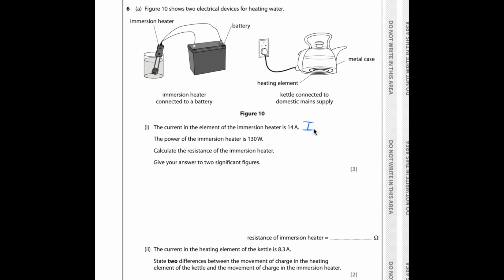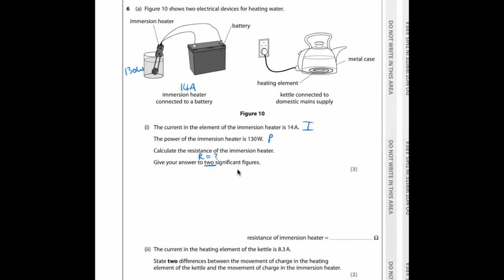So that's I, immersion heater, that's 14 amps. The power of the immersion heater is 130 watts. Calculate the resistance. So R is our target. That's P of the immersion heater. Give your answer to two significant figures.